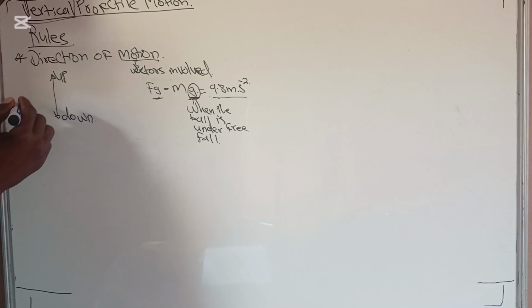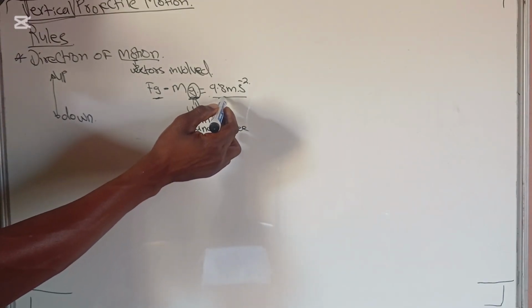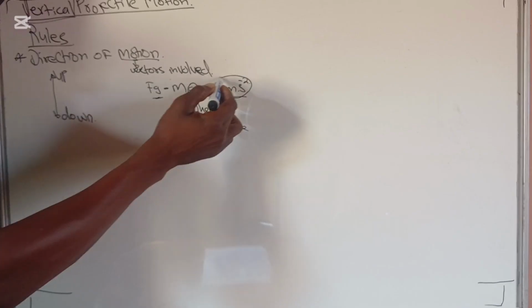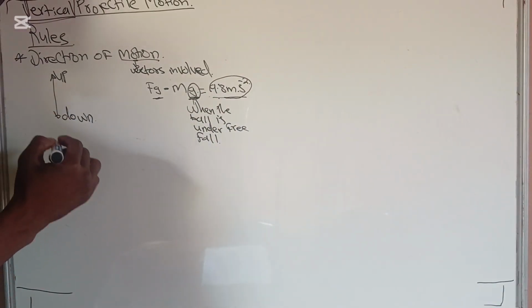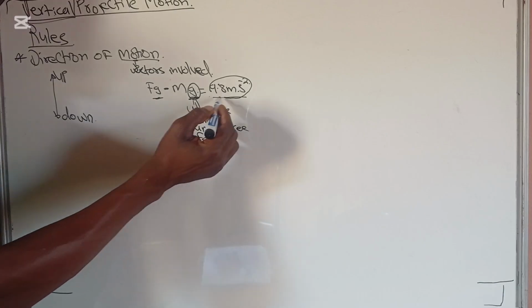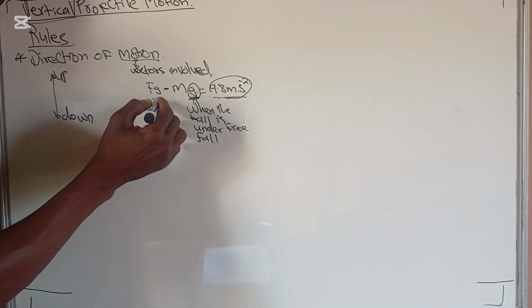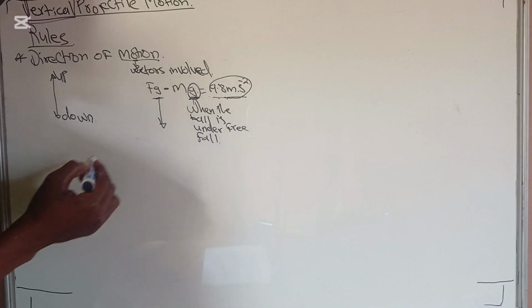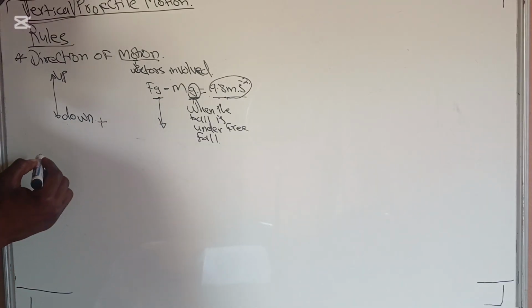Now, choosing your direction of motion will give us the direction of this 9.8. What do I mean? If I take downward as positive, this 9.8 is always positive. Why? Because Fg is always pulling downward, and you are saying that downward is positive.